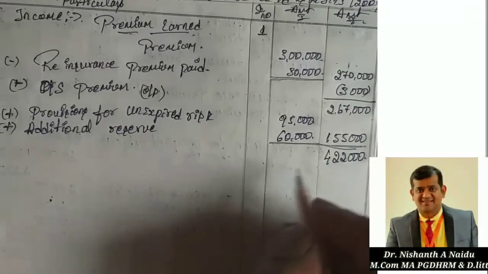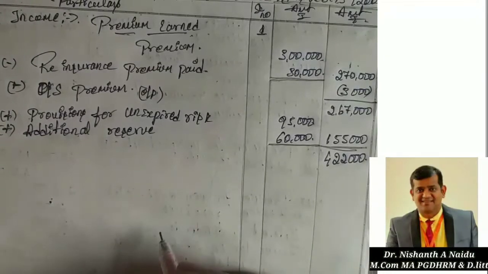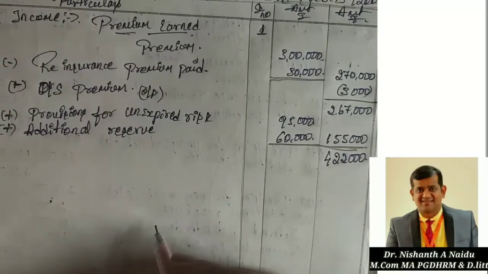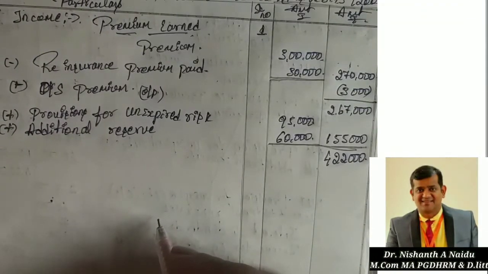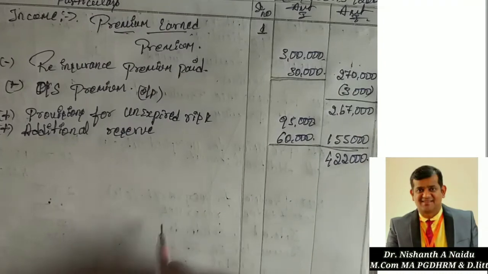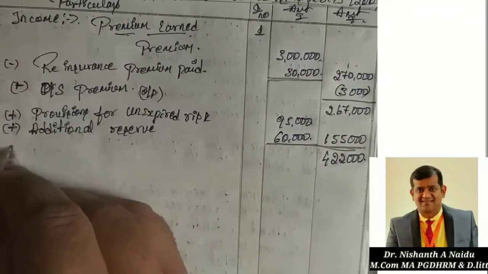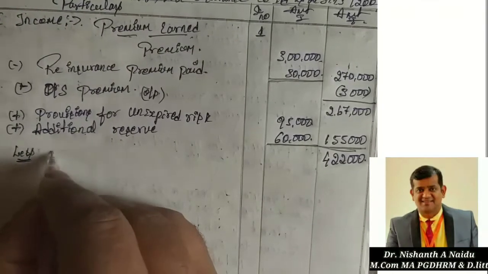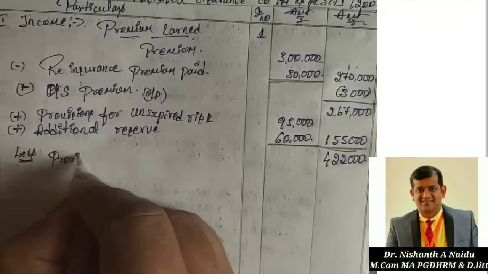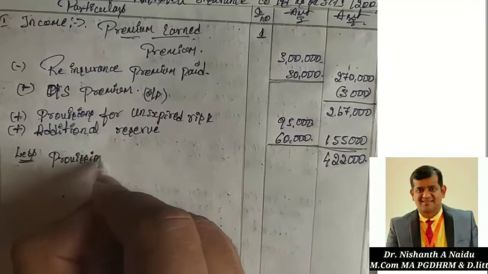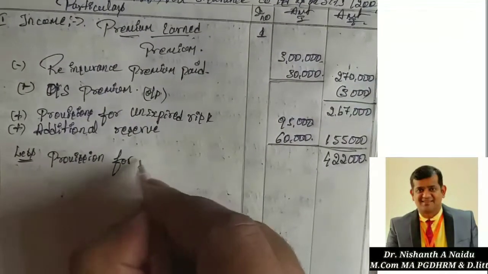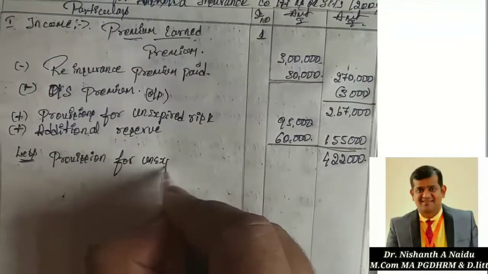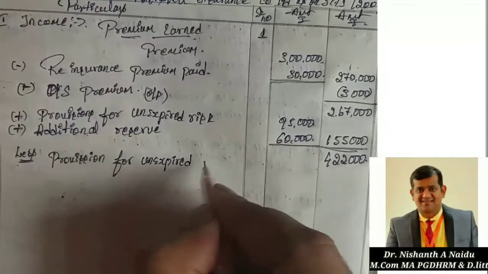Next, less provision for unexpired risk, closing. So we have to write the closing. Less provision for unexpired risk.